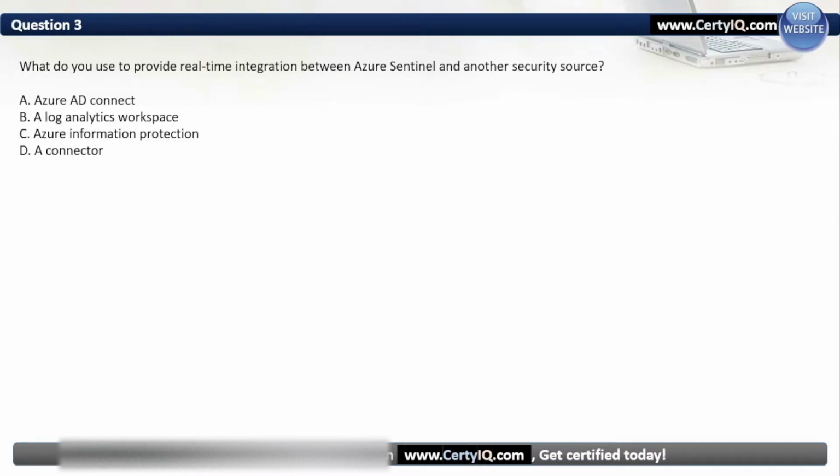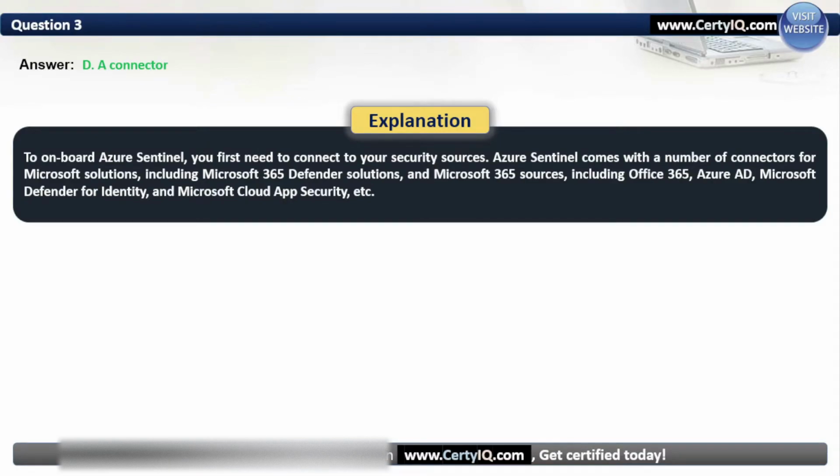Question 3. What do you use to provide real-time integration between Azure Sentinel and another security source? The correct option is D. A connector. To onboard Azure Sentinel, you first need to connect to your security sources.